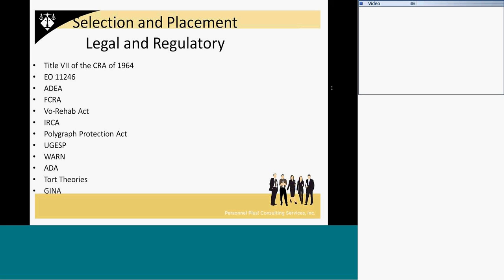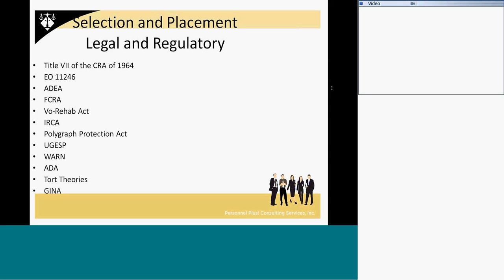Secondly, we have something known as an executive order, Executive Order 11246, originally issued by President Nixon back in the 70s. Executive Order 11246 is the authority for non-discrimination programs with federal contractors.